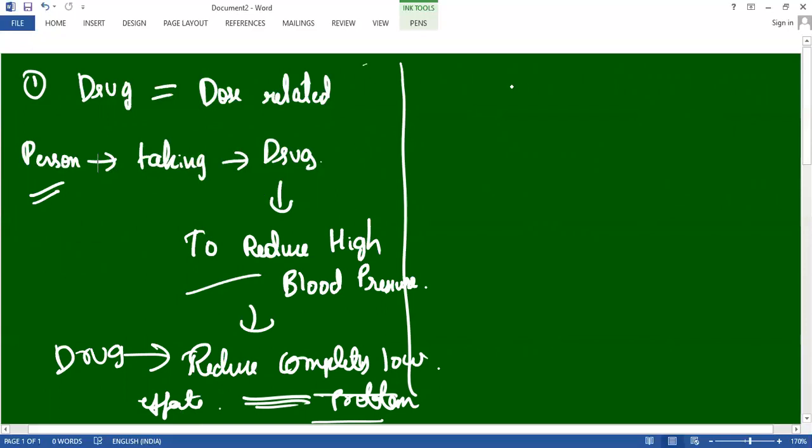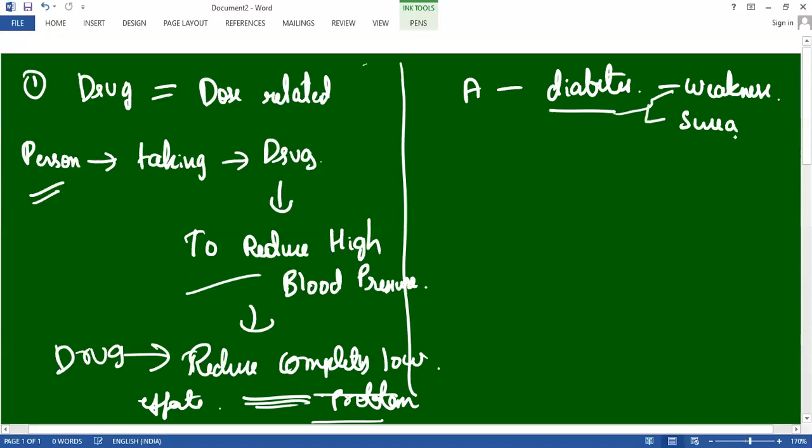And another example is a person with diabetes who is developing weakness. His symptoms are weakness, sweating, and nausea. So now he is facing these types of issues and has to go for the drug, for the medicines.